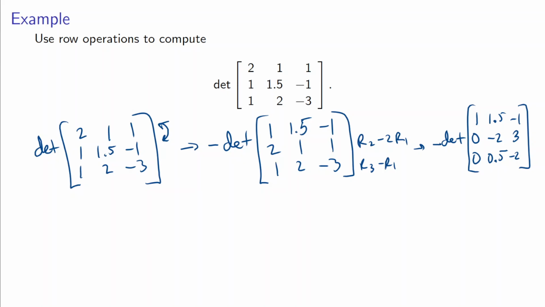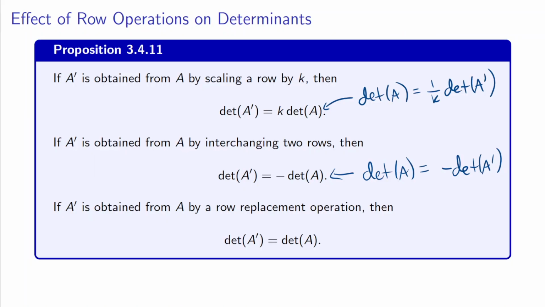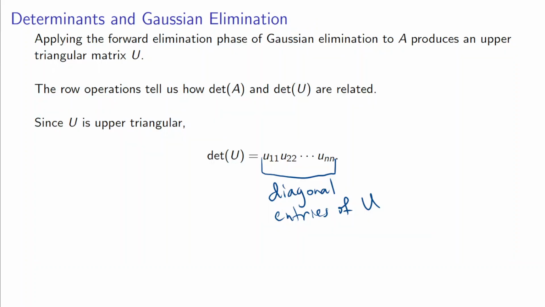All right, at this point, maybe we want to scale row 2 by a 1/2. So we might want to do row 2 divided by -2. Going back to this slide, scaling the resulting matrix will have a determinant equal to k times the original determinant, but we really care about the determinant of A. So if we're dividing by a -2, then we want to think about what that does to the determinant of A, which is to scale it by 1 over -2, or multiply it by -2.